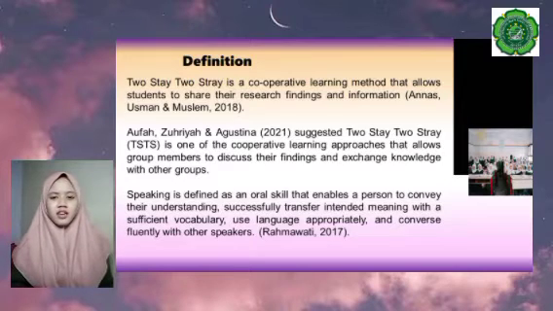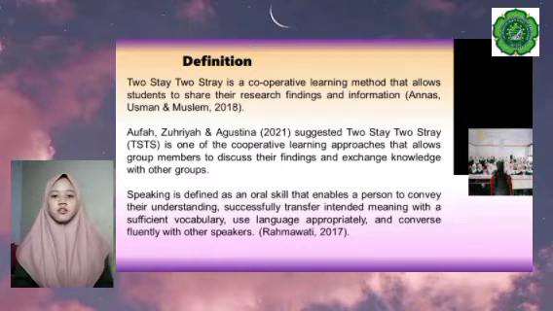And then, according to Rahmawati 2017, speaking is defined as an oral skill that enables a person to convey their understanding, successfully transfer intended meaning with sufficient vocabulary, use language appropriately, and converse fluently with other speakers.